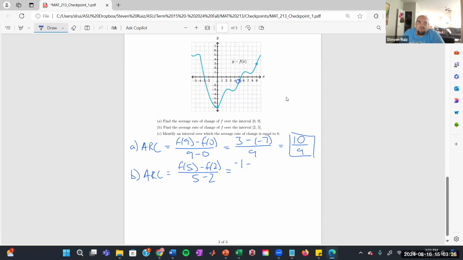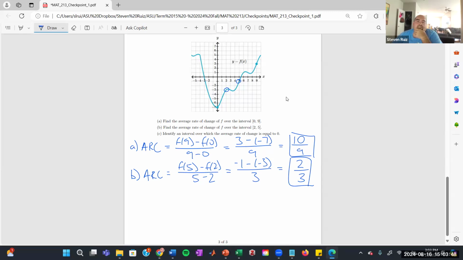When x is equal to 2, what's y equal to? That looks like negative 3. So negative 1 minus negative 3 over 5 minus 2, which is 3. What is negative 1 minus negative 3? That is 2. So the final result is an average rate of change of 2/3.